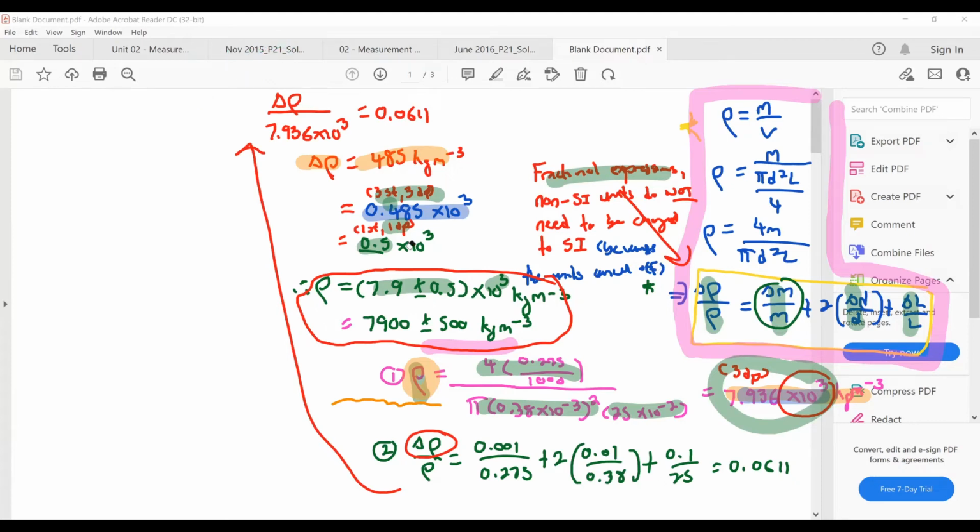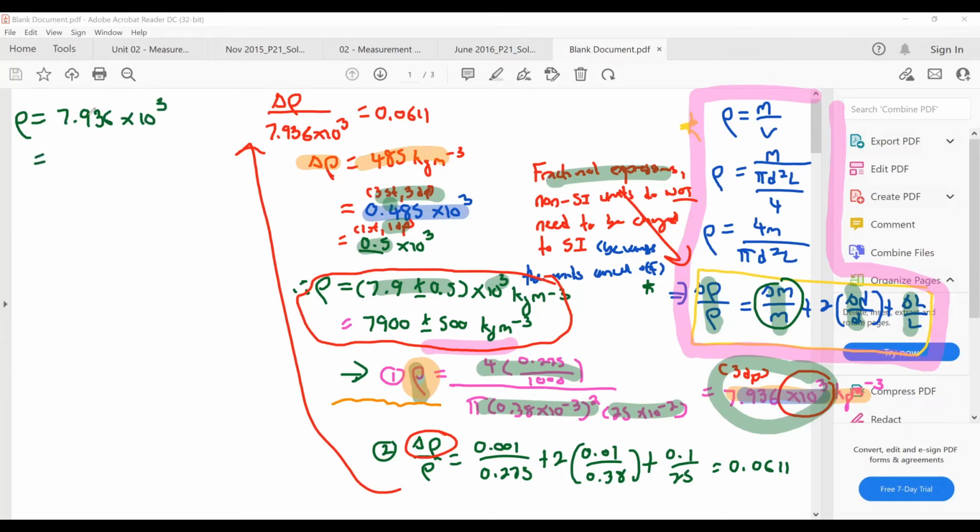Okay, right. Just now, if you see that your rho, I'll separate it out for you. This part here, you found that rho is 7.936 times 10 power 3.